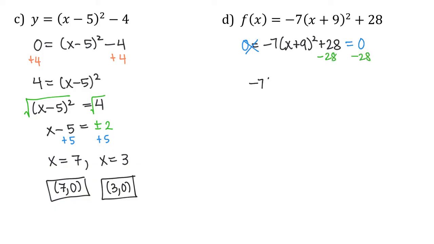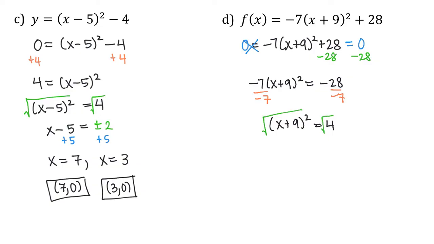Let me see what I have left. 0 minus 28 is negative 28, but I don't want that negative 7 there, so let me go ahead and divide by negative 7. Okay, x plus 9 squared equals negative 28 divided by negative 7, which is positive 4. I'm going to keep going.